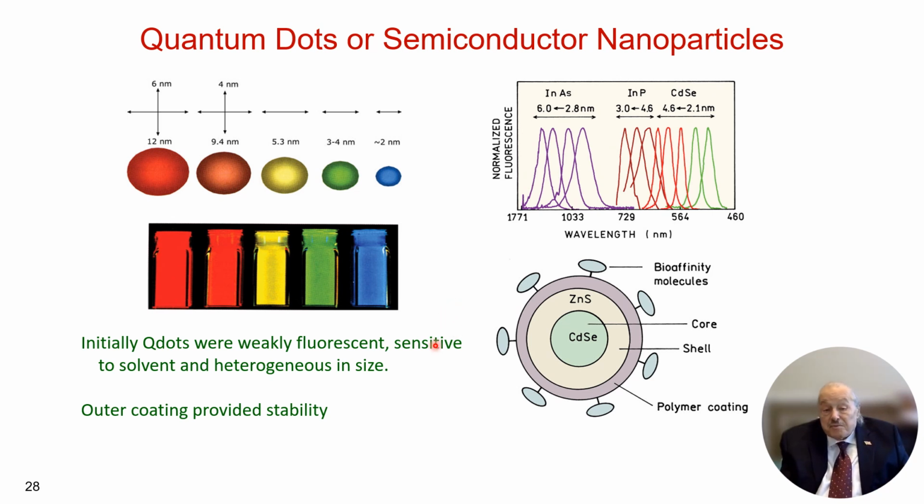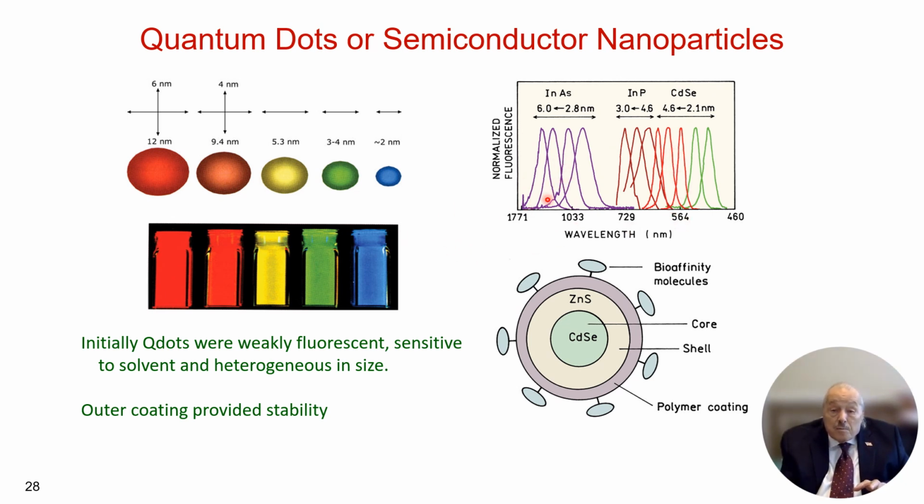I thought the initial results on this were very pessimistic because the fluorescence was very weak, but over time the synthetic methods were perfected, and it could make these nanoparticles at a homogeneous size, and they could become highly fluorescent over a wide range of wavelengths, depending on their size and atomic composition.